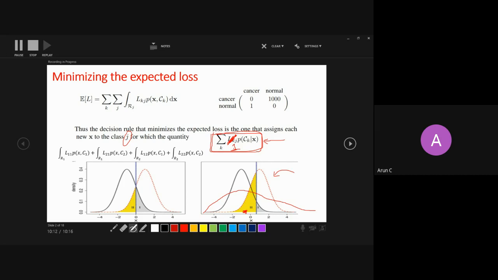It simplifies to the same thing. But because we are putting in a loss matrix here, we have different constraints now, and my decision boundary will move accordingly. So you see it is easy. You can also refer to the book.